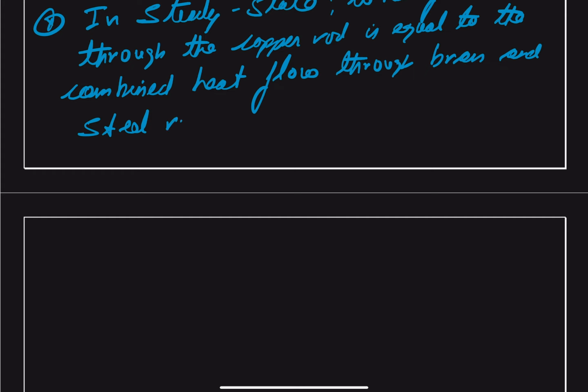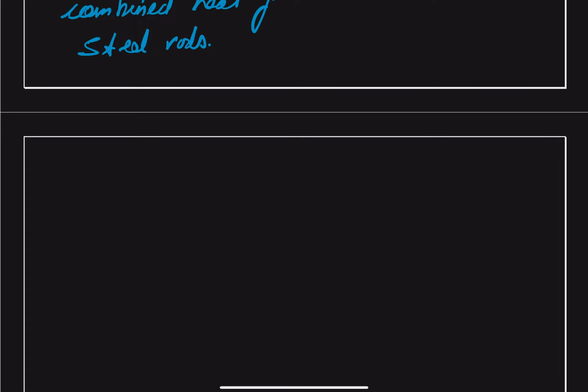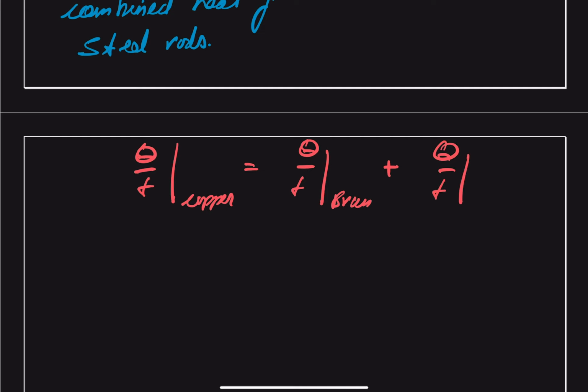We can write this in equation form. Q upon T for copper is equal to Q upon T for brass plus Q upon T for steel.